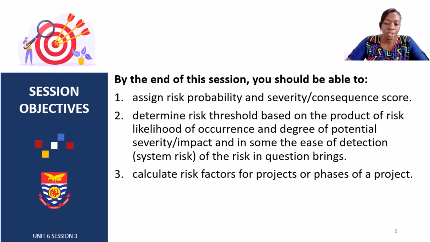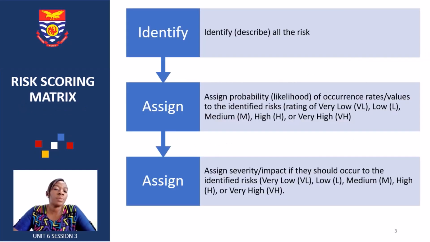So for us to be able to analyze risk, there are varying risk scoring matrices which have been used to help us grade and score our risk. The first thing that goes into the matrix is identifying all the potential risks you can get on your project.